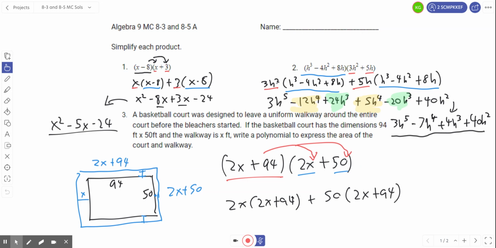Now I'll distribute again. So I'll distribute the 2x to both of these terms and the 50 to both of these terms.